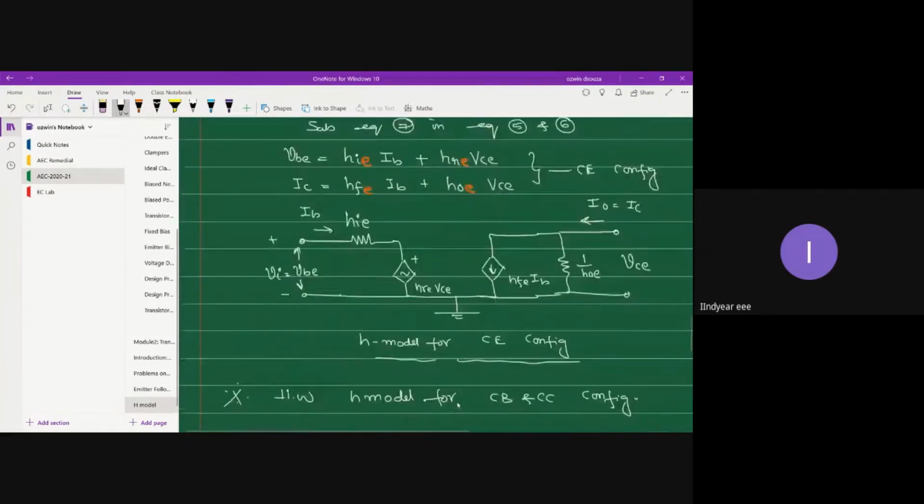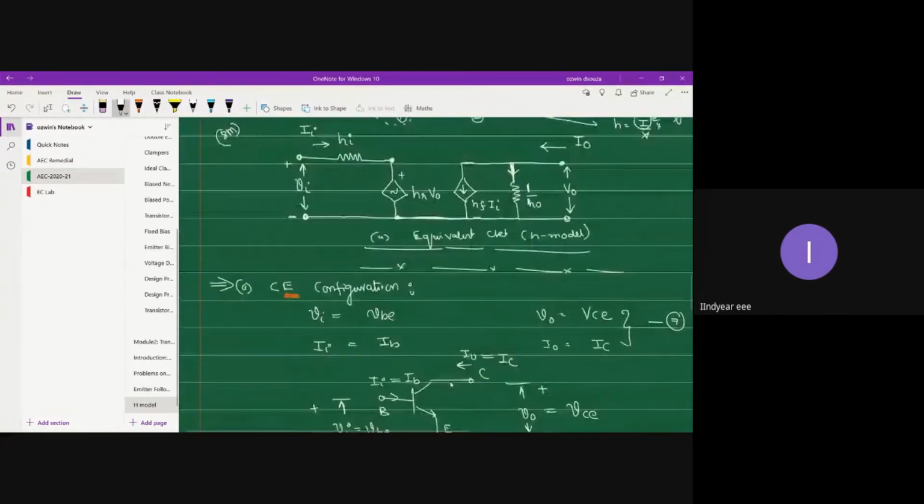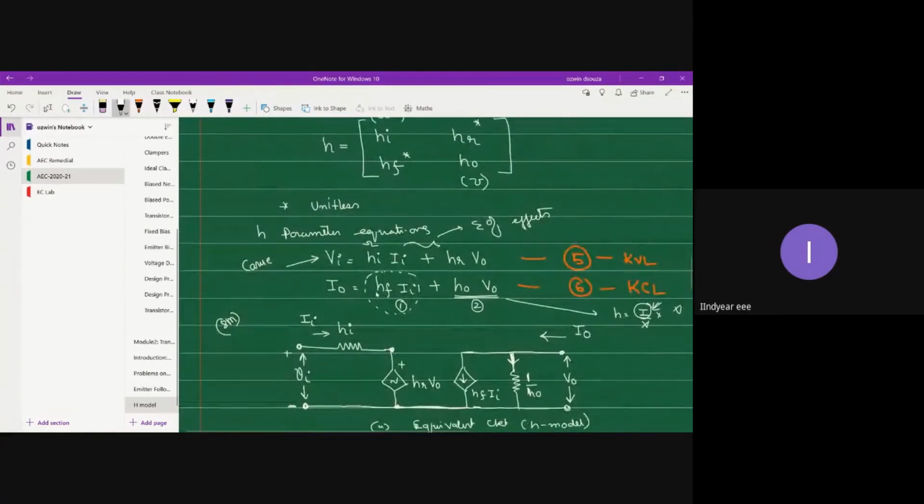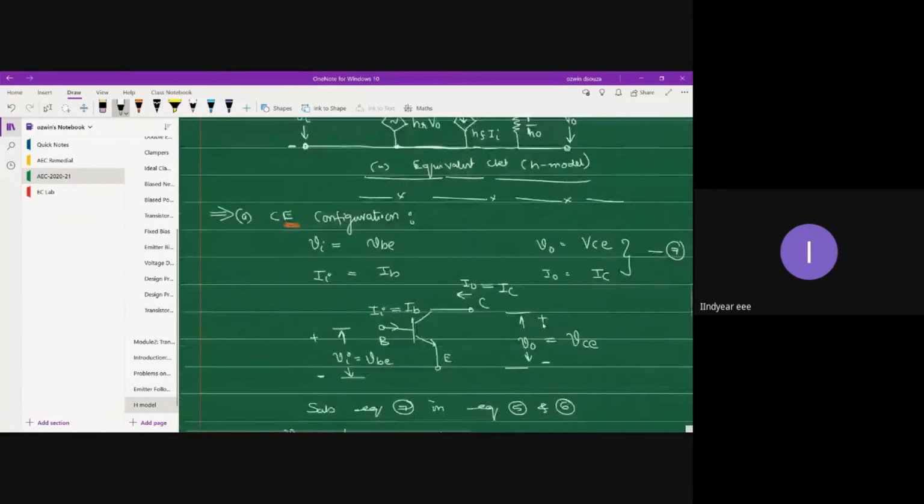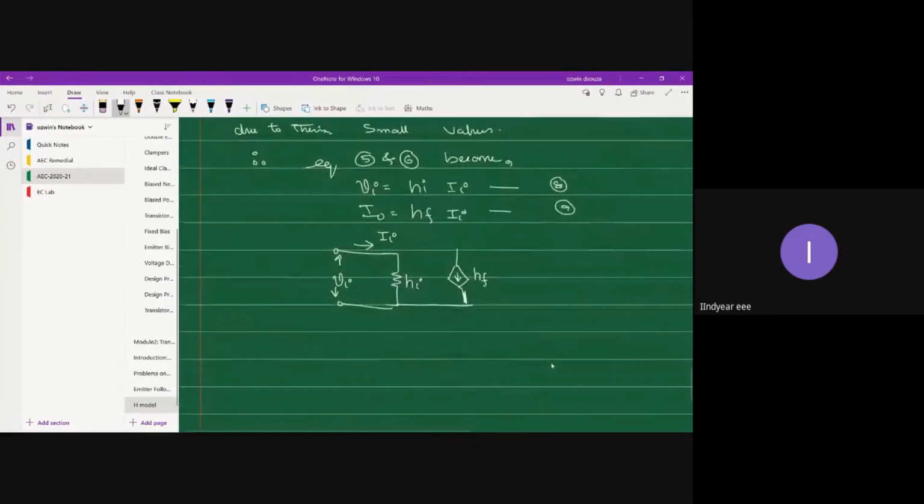Yeah, correct. See here, Io is equal to HF into Ii. Really appreciate you pointing that out. This is HF into Ii. That's all. And this is your output voltage, and the output current. So this circuit represents the approximate H model.